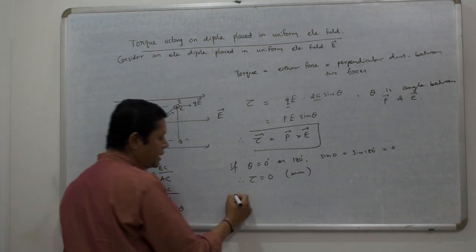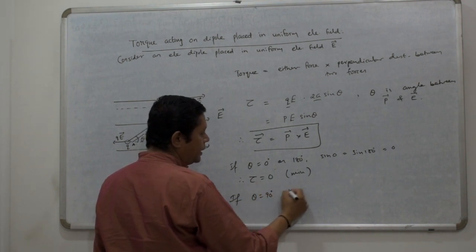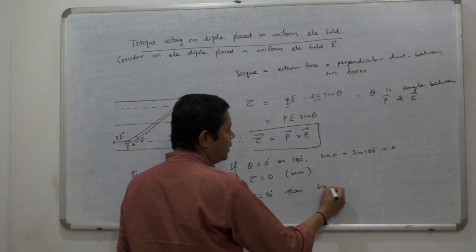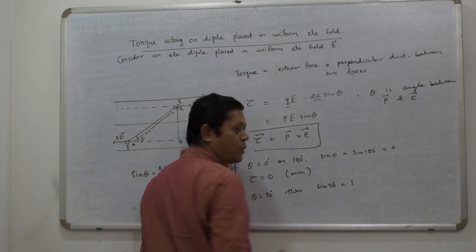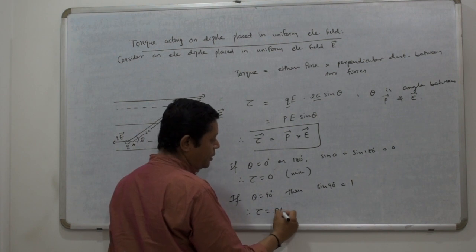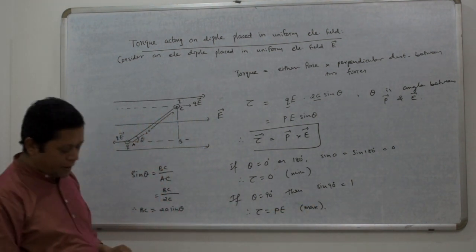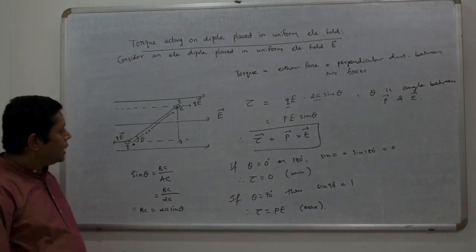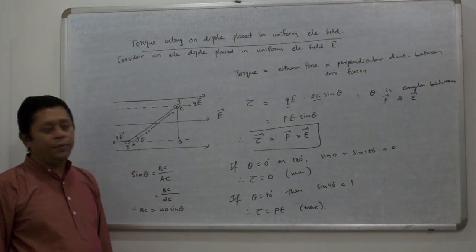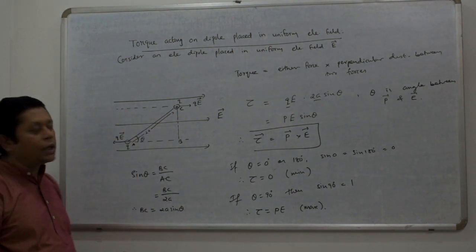Whereas if theta is 90 degree, then sin 90 value is 1. Therefore torque will be maximum. Torque will be p into E, that is the maximum value. So this way we can find the value of torque acting on a dipole of whatever orientation. Putting the value of theta, you can calculate the value of torque.